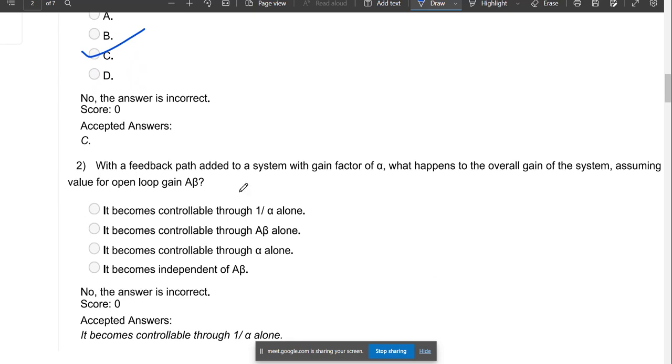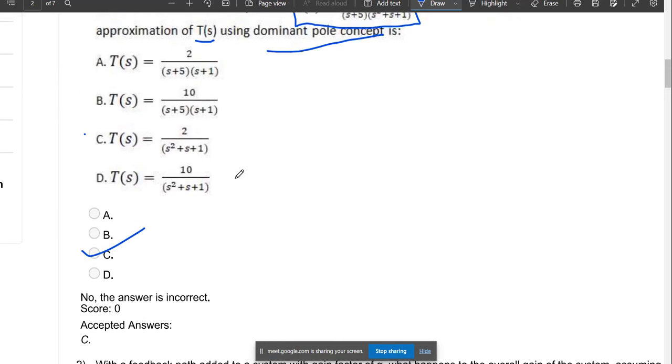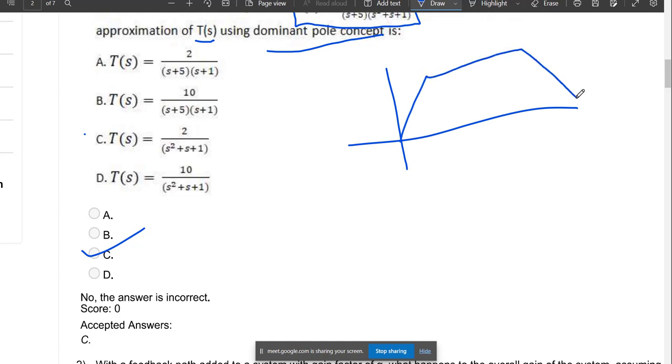Ma'am, what is a dominant pole? Okay, so the dominant pole for low frequency and high frequency response is something like this. See, this is what a frequency response is, right? That pole which dominates the characteristic of the transfer function is known as the dominant pole.